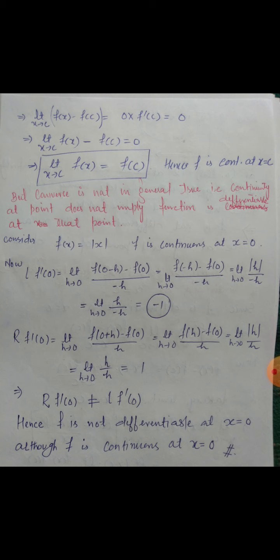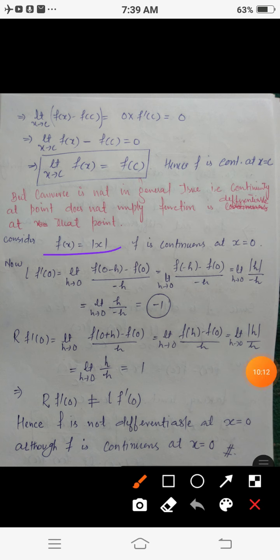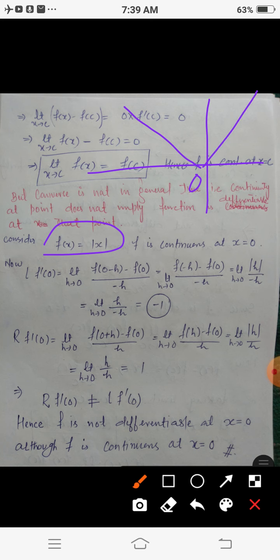Now if we consider the function f of x equals mod x, you know that it is continuous, because the graph of this function at 0 is like this. Clearly it is continuous at x equals 0. Now we will first find its left limit.